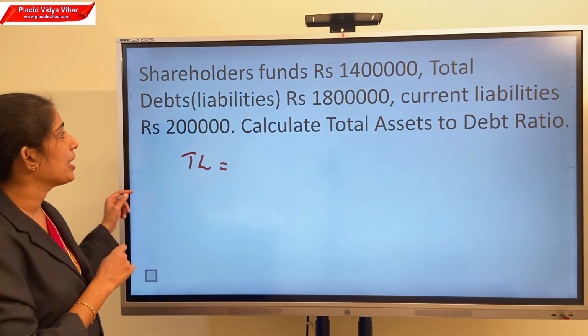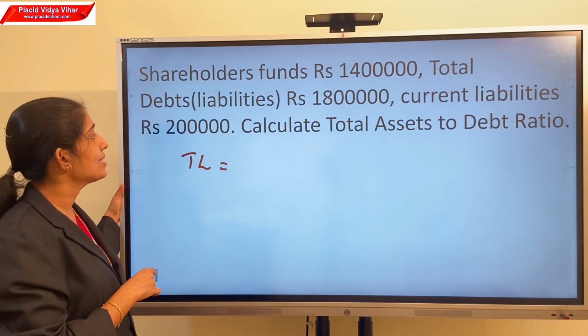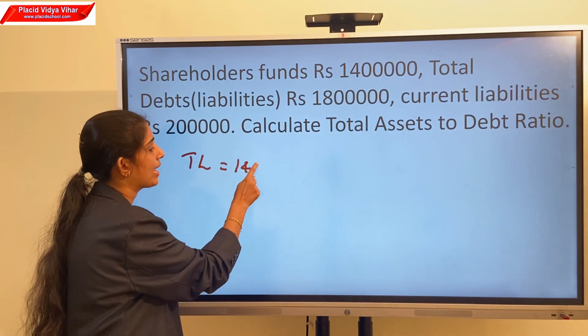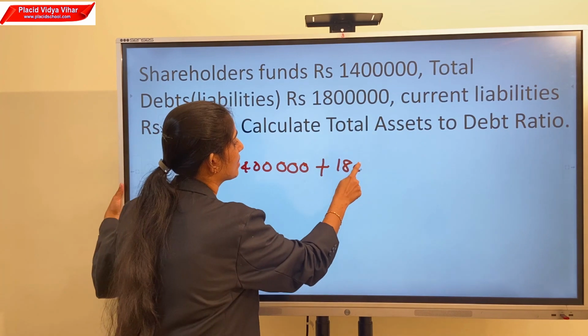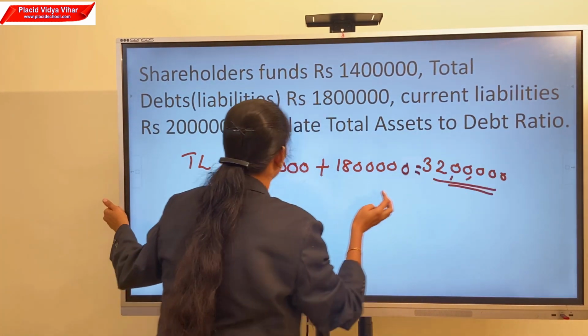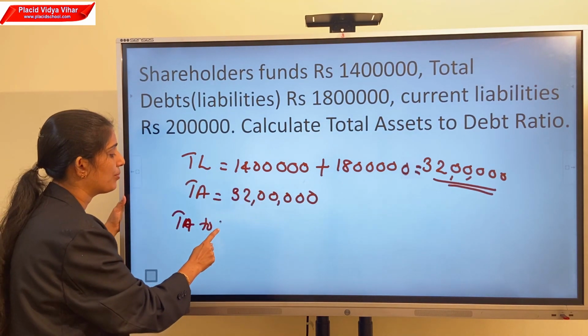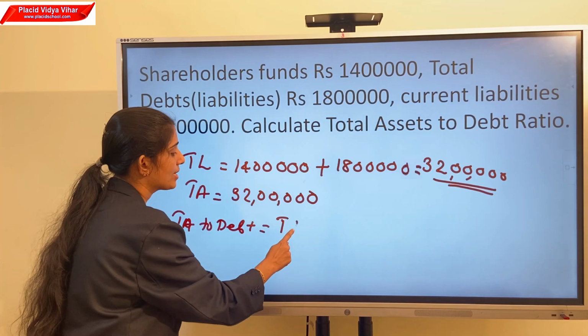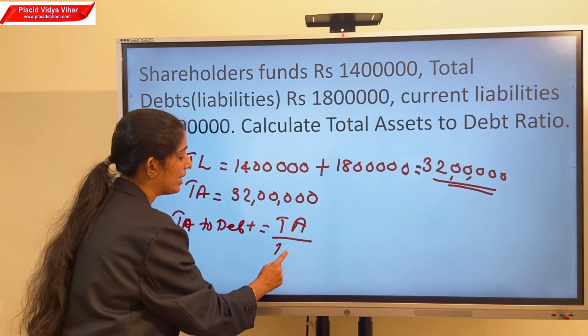So, the total liability equals shareholders' fund plus total debt, that is the liabilities. That is 14 lakhs plus 18 lakhs. That equals 32 lakhs. Then total assets to debt ratio equals total assets divided by debt.